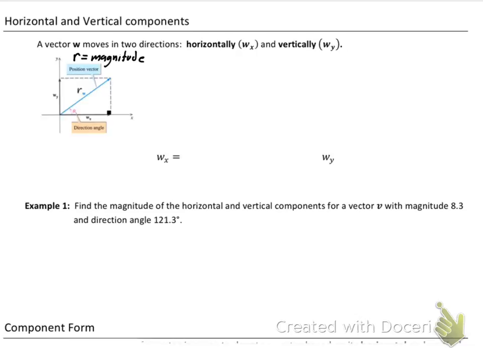So we're just going to set up an equation. Depending on what I know, cosine of that theta, or that angle that we're talking about, that's going to equal my adjacent, which is my horizontal component, or W sub x, all over my hypotenuse, which happens to be my magnitude. My magnitude is my length of my hypotenuse.